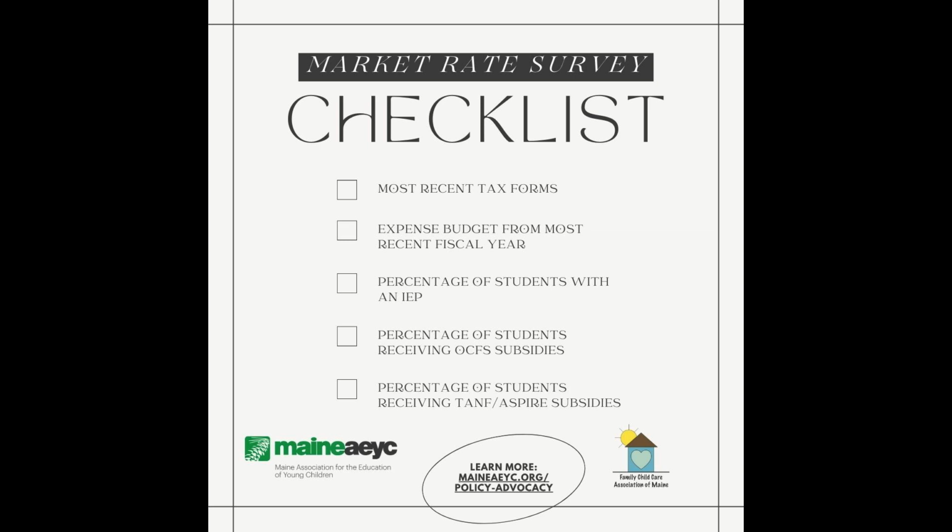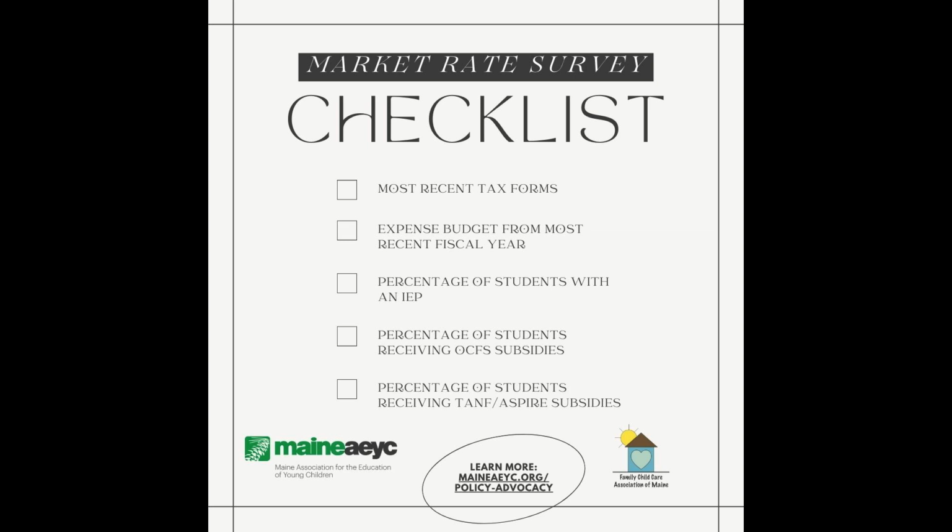So, before you begin doing the market rate survey with us, we have created this market rate survey checklist of things you will need to make the survey process smooth and easy for you. This is available on our website at maineaeyc.org/policy-advocacy. But I will read it right now.